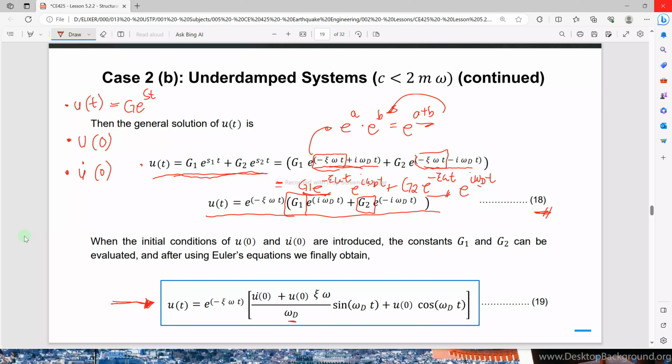After these initial conditions, you apply again the Taylor series for e^(iωd t) in this function, and you arrive at this equation.